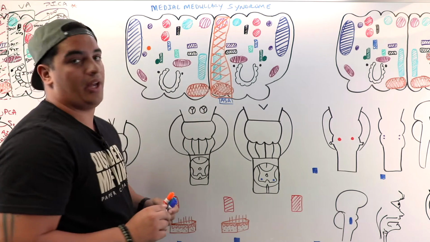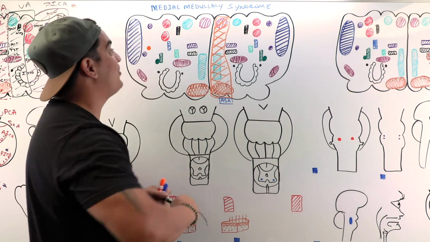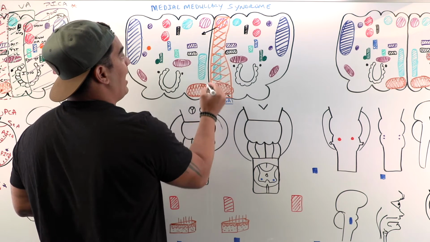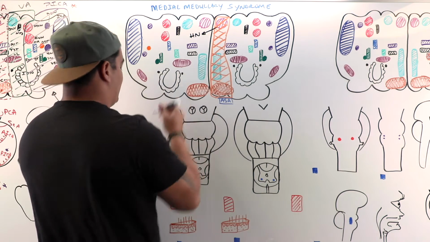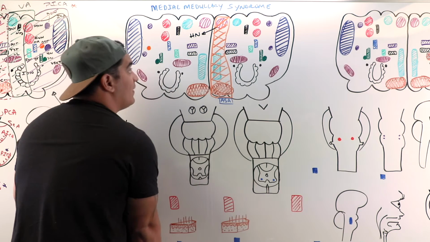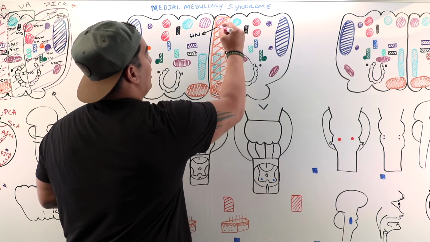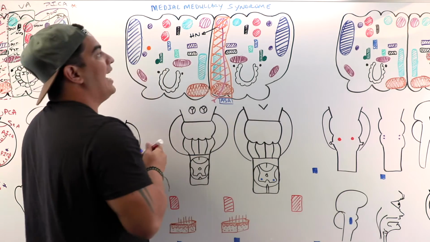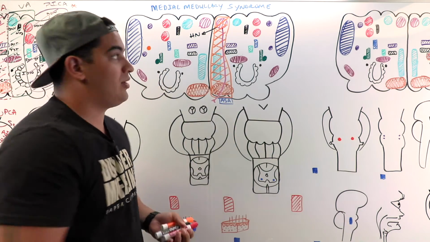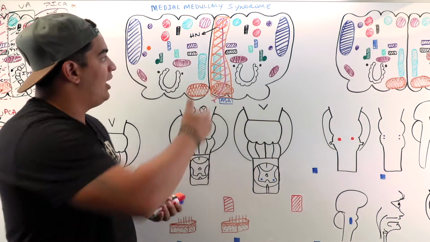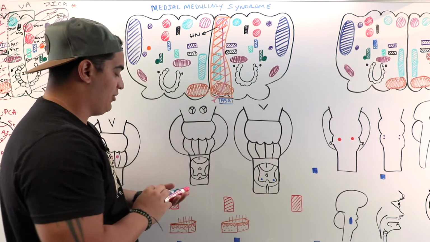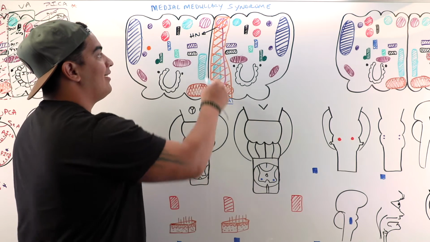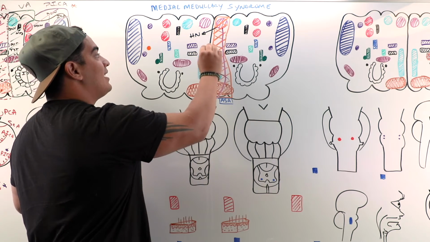What was that pink structure there? The hypoglossal nucleus. So the hypoglossal nucleus and the nerve coming out. If you guys remember, the nerve is obviously going to be exiting here. It's going to be leaving like this, right? That's also going to be damaged. So the hypoglossal nucleus and the hypoglossal nerve is going to be damaged. What else is damaged? What is this blue structure here called? That's your medial lemniscus.